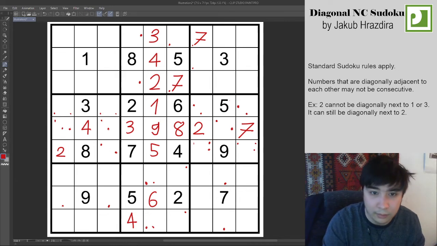That gets us a 7 pair in the middle of the top left box over here, which, since we have 7s in the left and right side of the middle box, means we have to place them in the middle at the bottom.